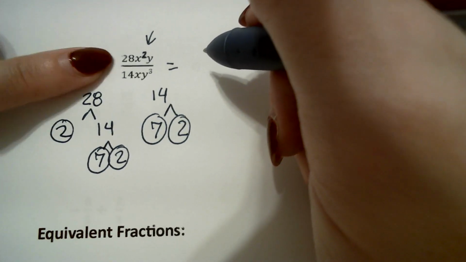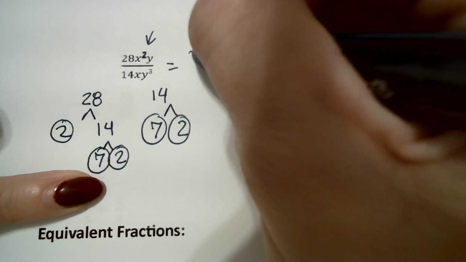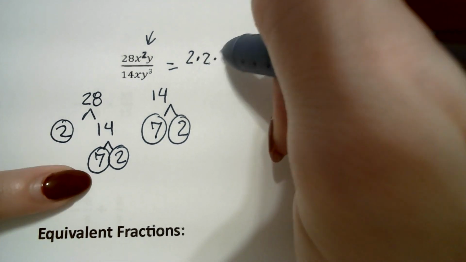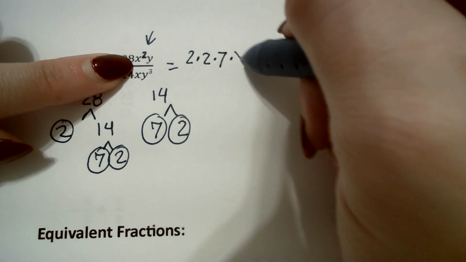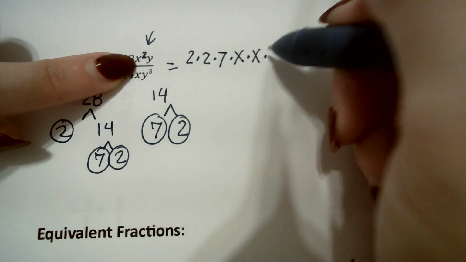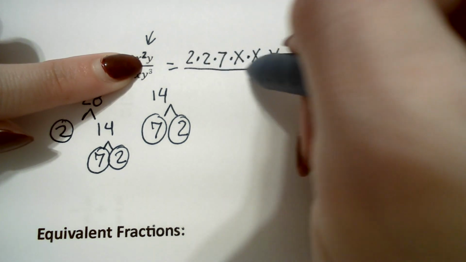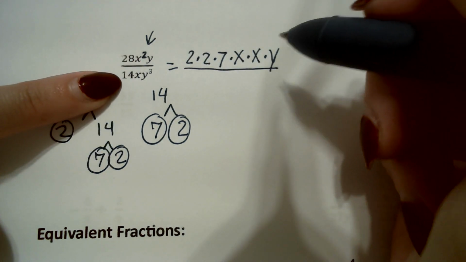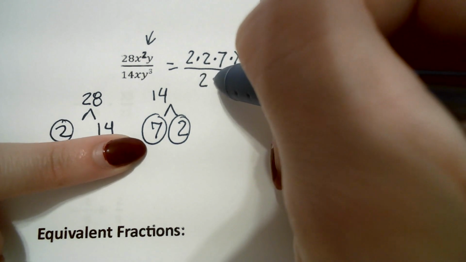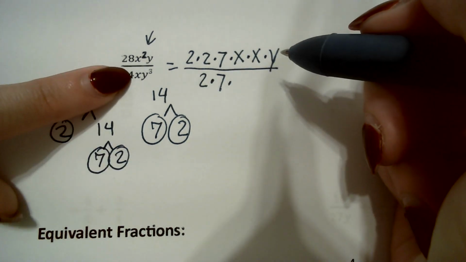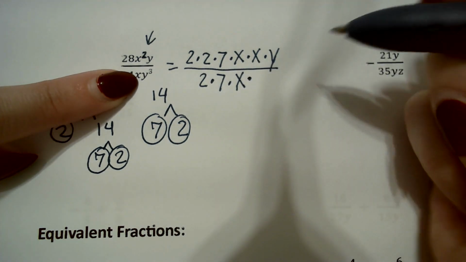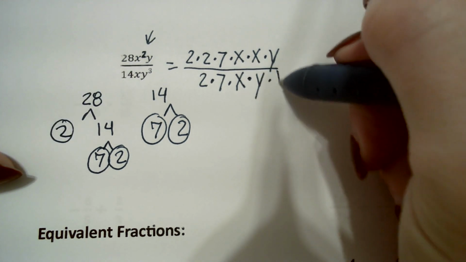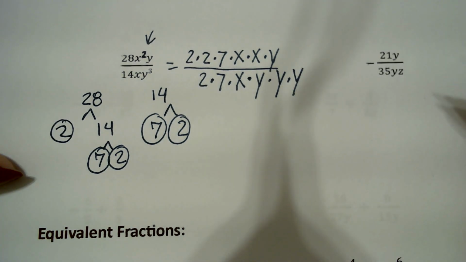The top 28 broke down to 2 times 2 times 7 times x squared, so that's x times x, times y. Now 14 broke down to 2 times 7 and then x, so that's just 1x, times y cubed. So that's y times y times y.